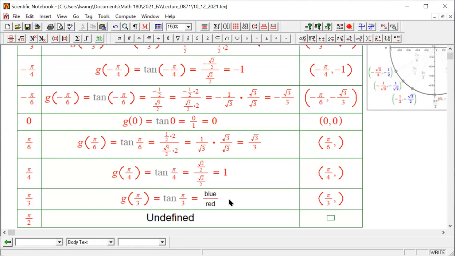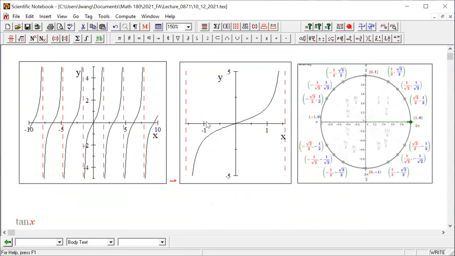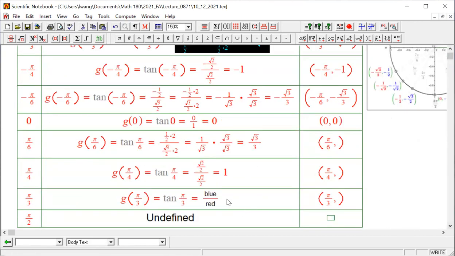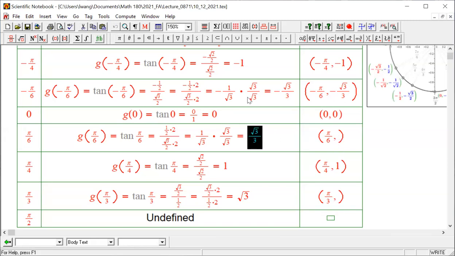Okay. For pi over 3, I'm just going to copy that. Okay, so over here is a positive 1, and over here is root 3 over 3.